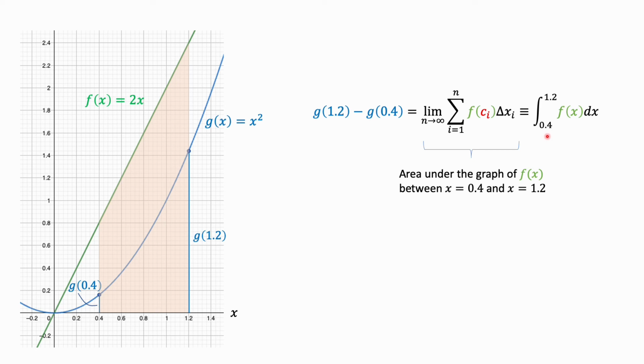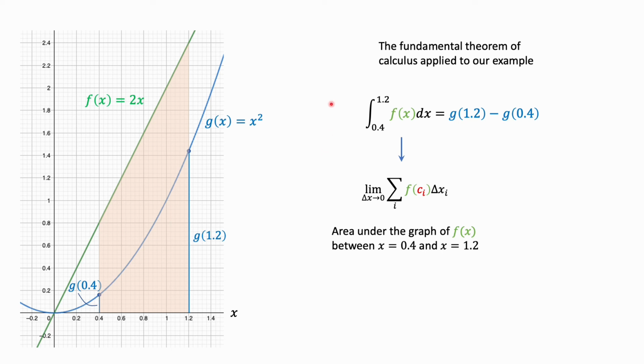This is just a shorthand notation that they use. Instead of saying it's the limit of sums, you can write it this way. It's integration from 0.4 to 1.2 of f of x dx. You just plug in here the value of the function, which is 2x, and that will give you the difference in the value of the function g between two endpoints.